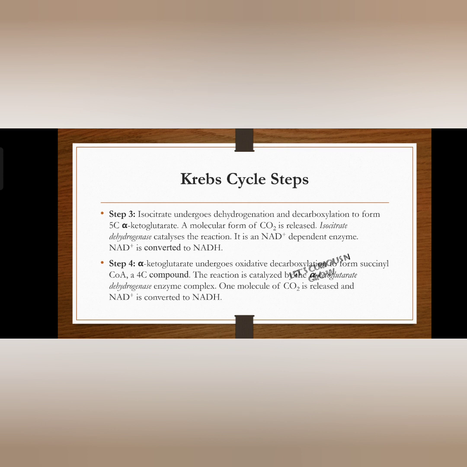For step 2, isocitrate is formed. In the next one, we will talk about steps like alpha ketoglutarate, succinyl coenzyme A, succinate, fumarate, malate, oxaloacetate, and so on, the ATP-releasing compounds. So let's begin with the next slide.